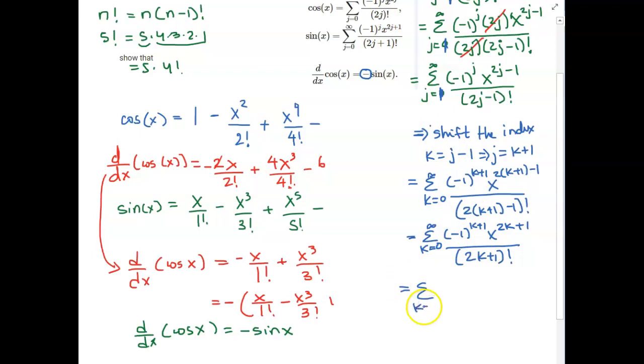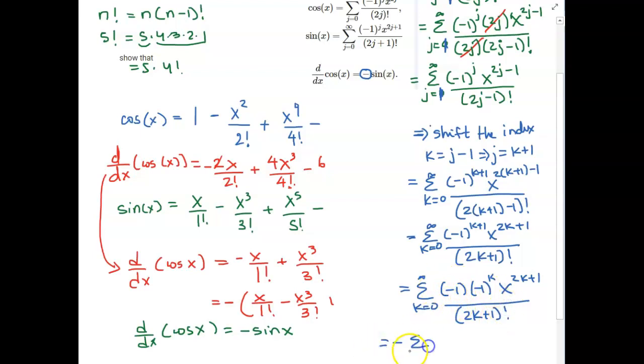So we have k from 0 to infinity, (-1)^(k+1) is negative 1 times (-1)^k, x^(2k+1) over (2k+1) factorial. And then this negative comes out.